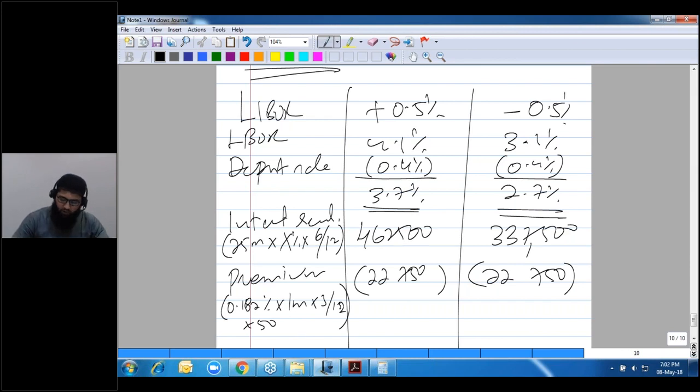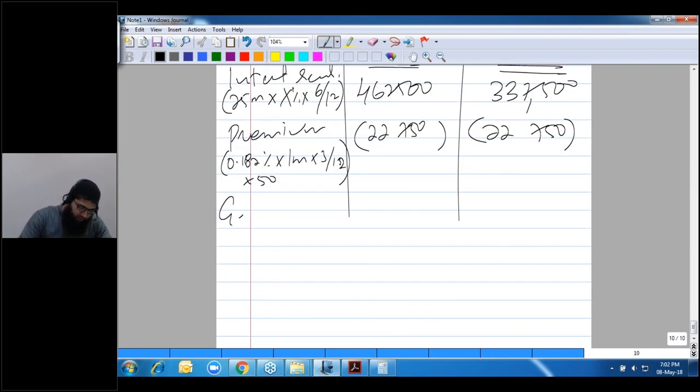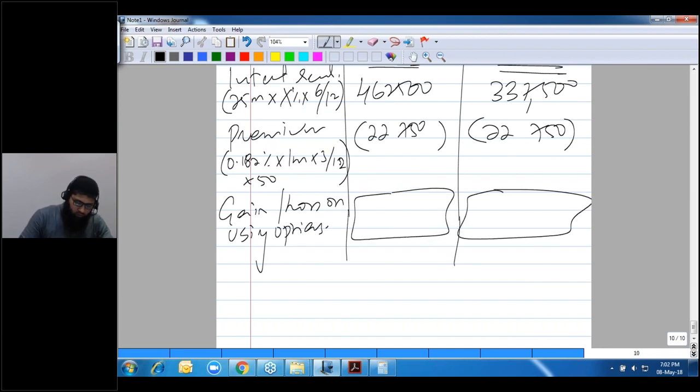Now what next? The next situation is the gain or loss on using options. You see, there is never going to be a loss. The gain would be there, but there is never going to be a loss.